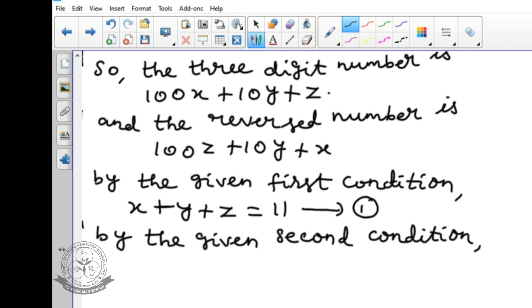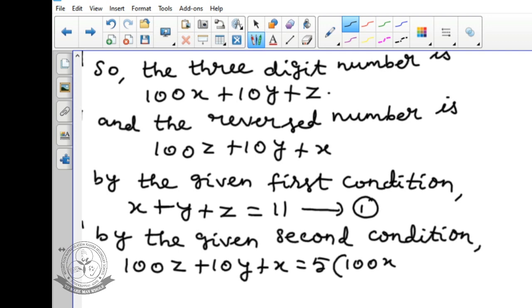Former number means we assume the 3-digit number, that is called the former number here. So our equation is like this: the reversed number is 100z plus 10y plus x, that is equal to 5 times the former number, the 3-digit number 100x plus 10y plus z, plus 46. You have to write it like this.